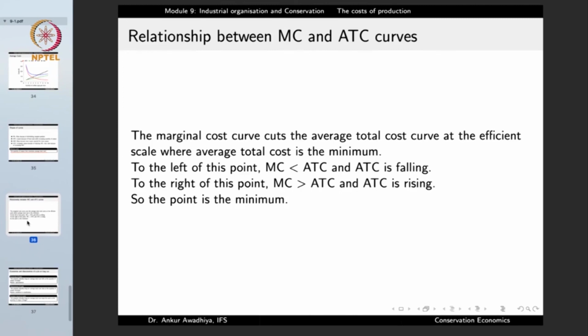So to the left it is falling, to the right it is rising. So the point has to be the minimum. So this is the relationship between the marginal cost and the average total cost curve, that the marginal cost curve cuts the average total cost curve at the efficient scale.